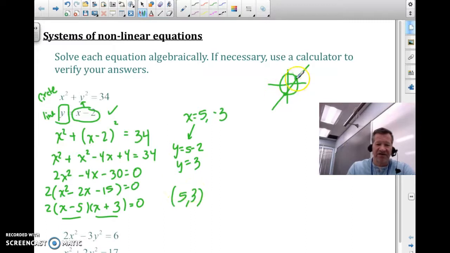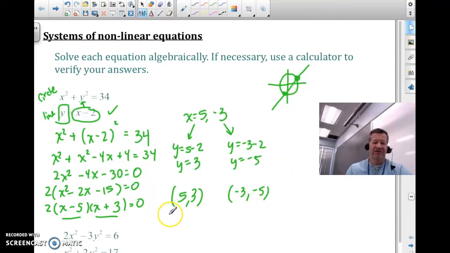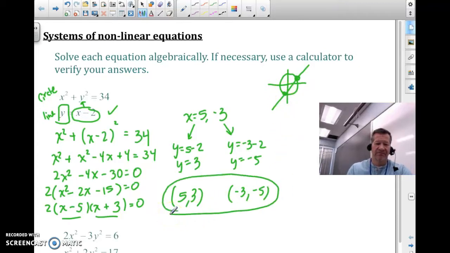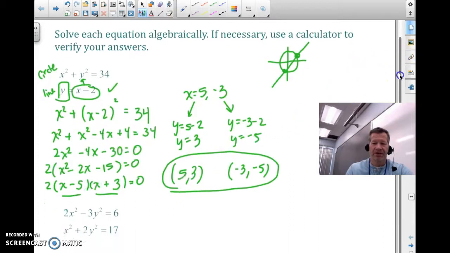That must be this answer up here. Now, if x is negative 3, then y equals negative 3 minus 2, and that would be negative 5. So the other solution is the point where x is negative 3 and y is negative 5, and that must be the other solution on there. So I've got two answers for that one. And there we go. Okay.